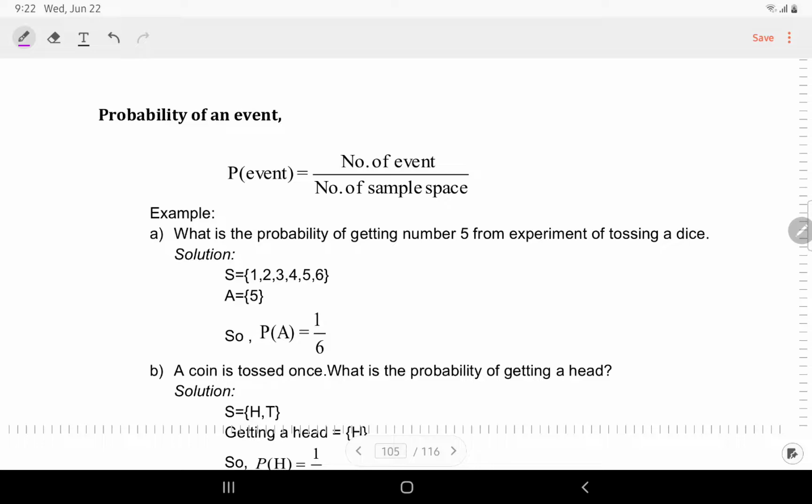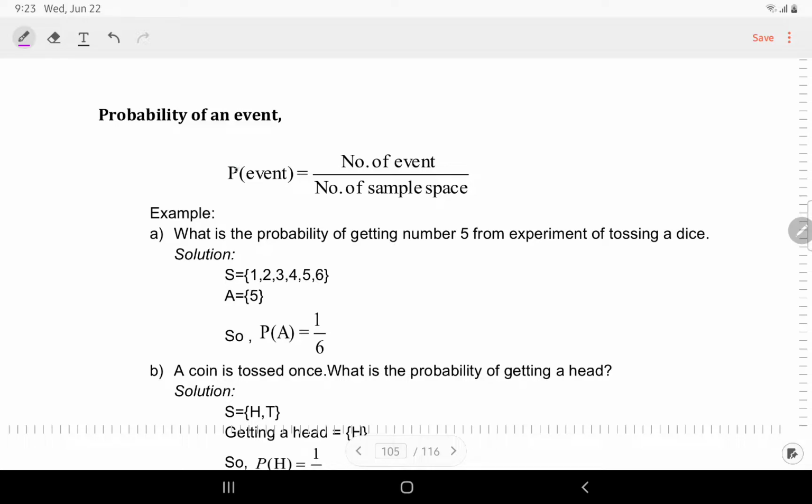Sambungan daripada video tadi. Okay, so finally kita akan belajar tentang probability lah. Yang dalam video yang sebelum ni hanya tentang rules ataupun ada tentang combination, permutation. Belum masuk betul-betul dalam probability, di mana probability of an event.